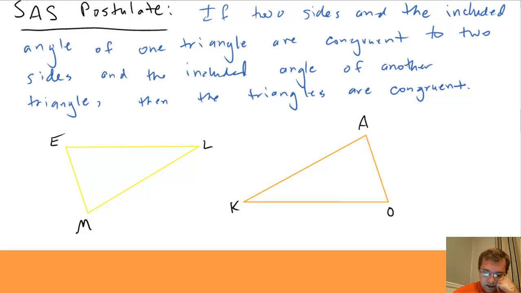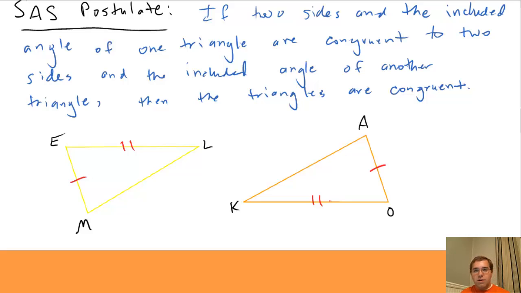If we know those are congruent, then we know the whole triangles are congruent. So for instance, on these triangles I've drawn here, if we know that, say, EM is congruent to AO, and we know EL is congruent to KO, what else do we need by this postulate to show that these triangles are congruent? We have two pairs of sides.